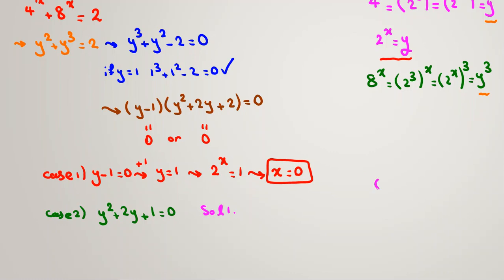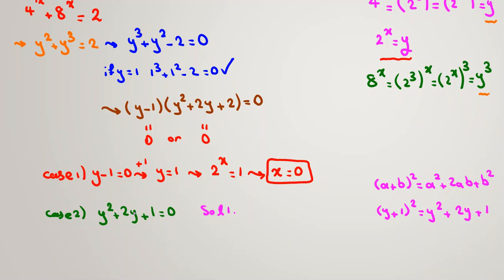I can use this identity that (a plus b) squared equals a squared plus 2ab plus b squared. So you should memorize this. If I place y instead of a and 1 instead of b, it will be y squared plus 2y plus 1 squared, which is 1.